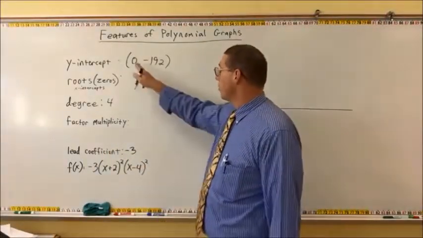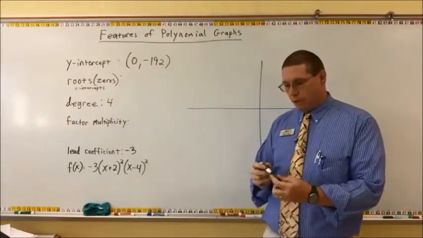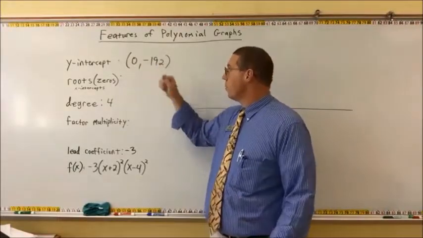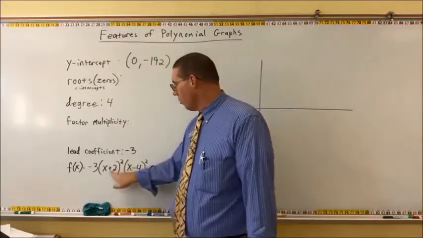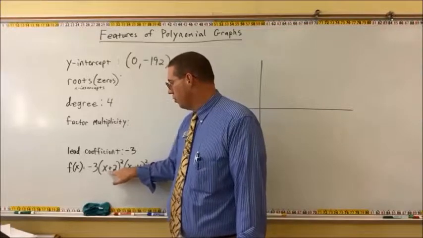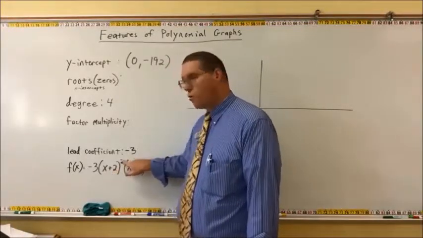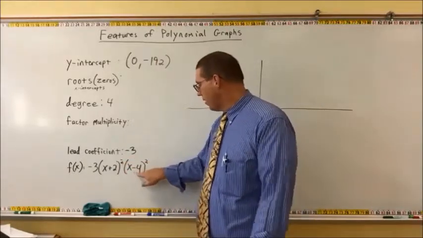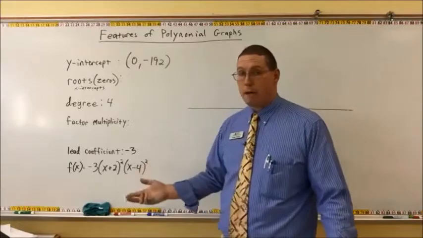Also, the y-intercept is 0 and -192. Now, you may be interested in knowing how in the world am I getting this y-intercept of -192. What I'm doing is I'm taking the number on the inside of here, +2, and then multiplying it this many times. So +2 squared, that's 4. Then I take the -4 and square that. -4 squared is +16.